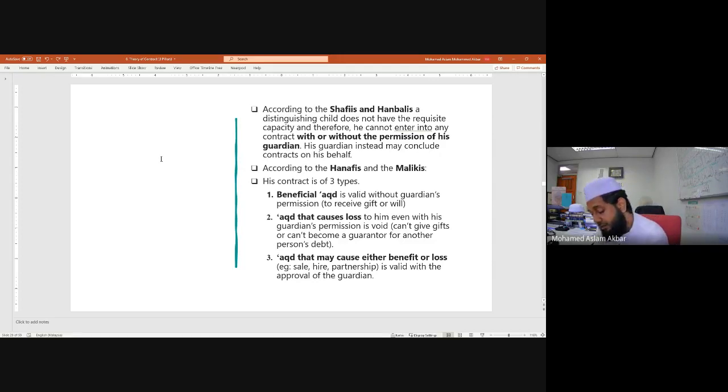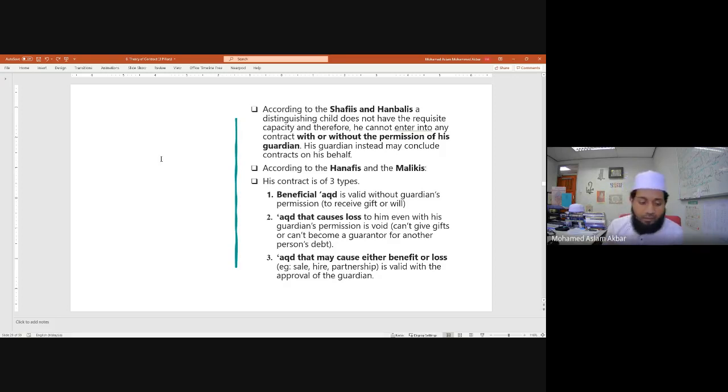The fetus will get inheritance, will get the property, but of course there is no obligation on the fetus. The obligations mean paying the taxes, paying the zakat, the maintenance. But eventually it happens. I'm just saying the rule. After the baby is born, it becomes the other category of complete receptive capacity.